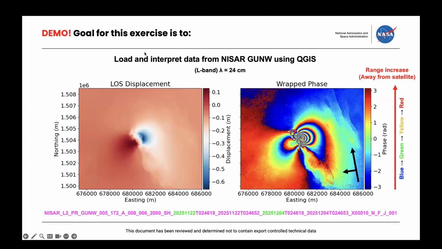So we have this wrap phase here. We'll first check the dates, what are our reference date and secondary date. So our reference date is November 22, 2025, and our secondary date is December 4, 2025. So we're looking at how much the ground moved between these two dates.